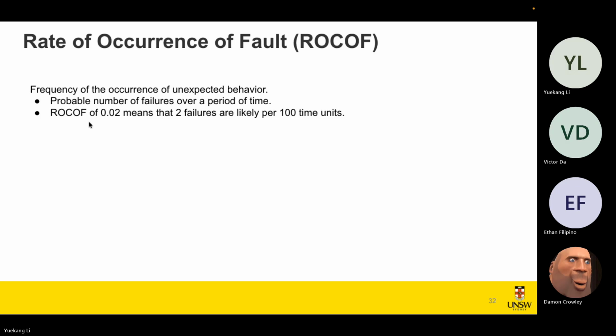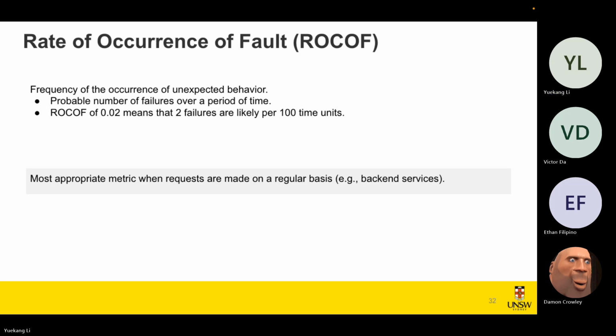So if we have this 0.02 value of this measurement, it means that in 100 time units, we are going to have 2 failures. So this one is related to the frequency. It doesn't care about the number of requests, compared to the first measurement we learned.